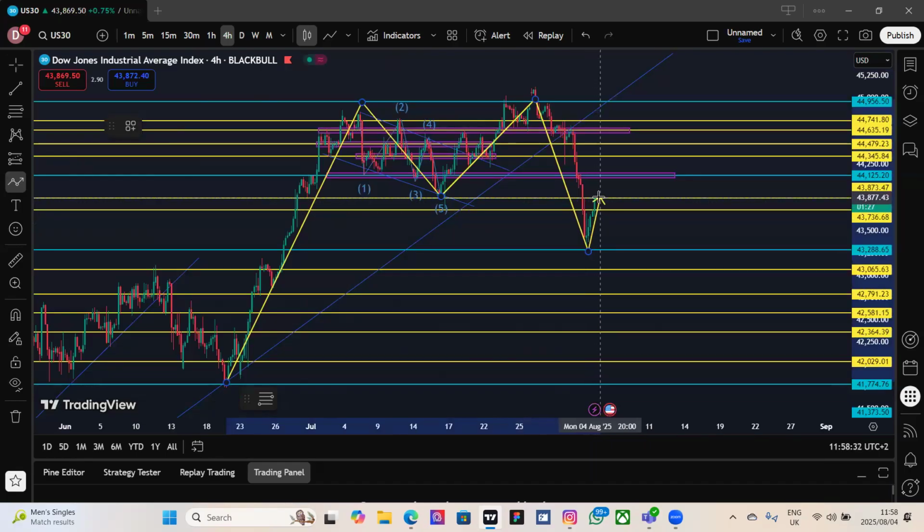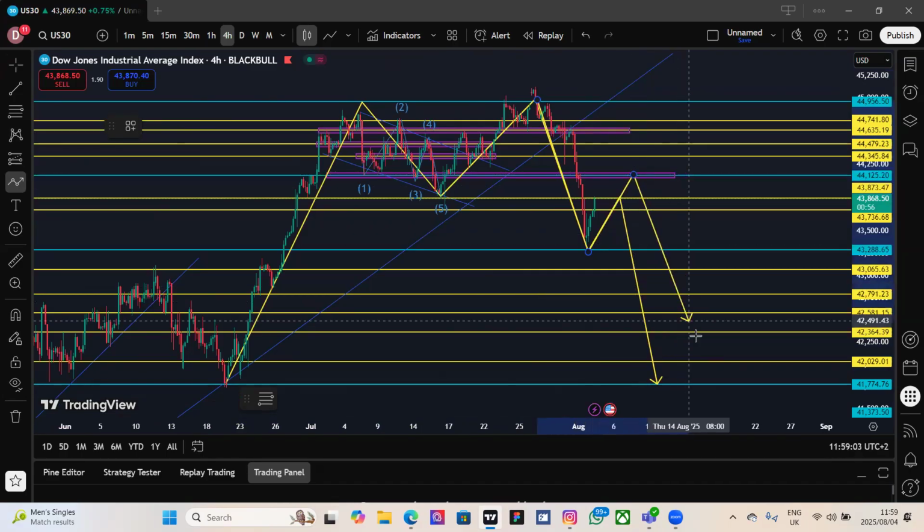And then I am expecting either this level to be a really significant level in terms of rejection, where we could potentially break straight down to maybe 41,784, or us reaching this level and rejecting this zone right here and pushing straight to the downside.